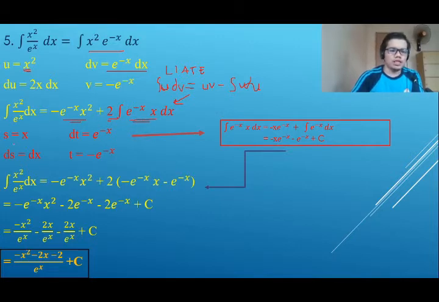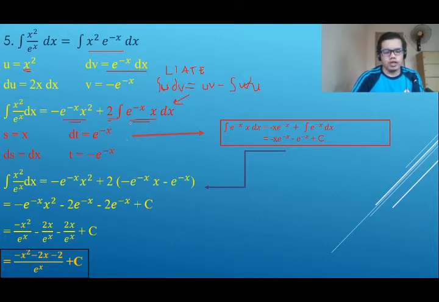Now s will be equal to x, its derivative ds equals dx. dt will be equal to e to the negative x dx, and its integration is negative e to the negative x. So this is the integration by parts substitution method.